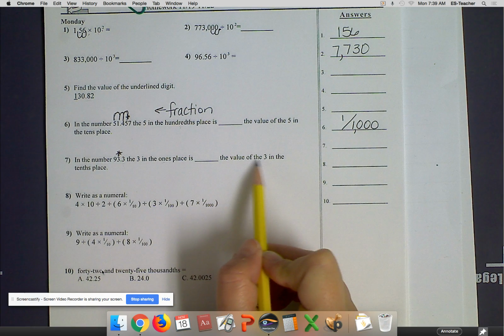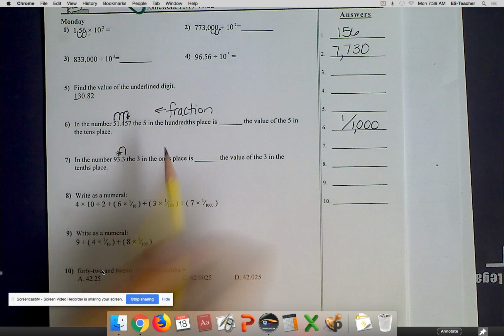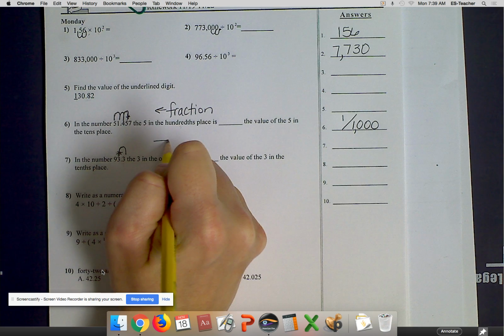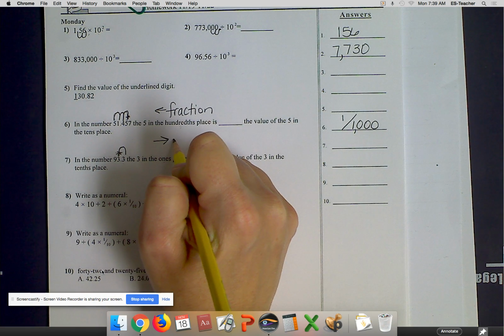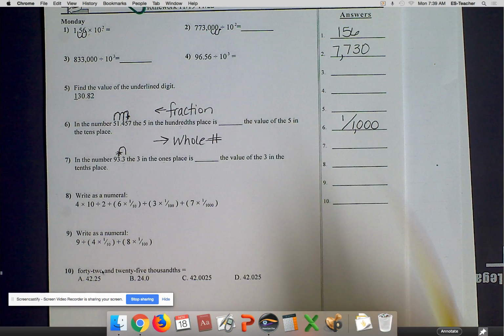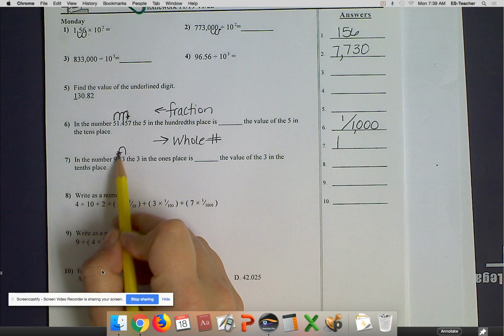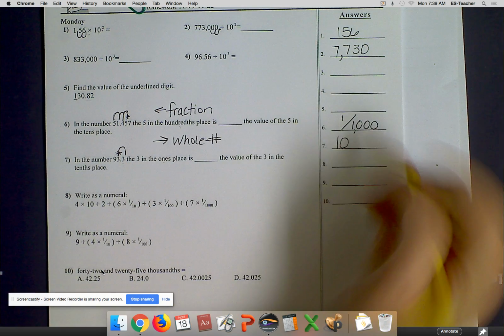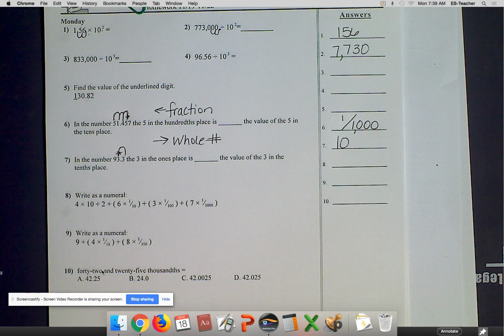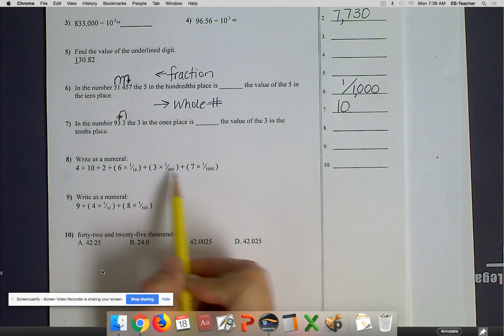And then we're comparing that to the value of the 3 in the tenths place. So we're going to the right. Remember, when we're going to the right, it's going to be a whole number. So we went 1 with how many zeros? How many humps do we have? 1. So it's 10 times the value.